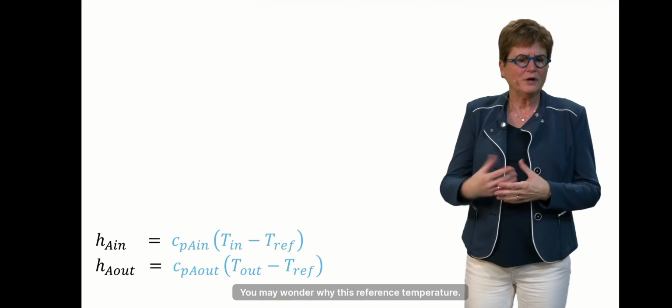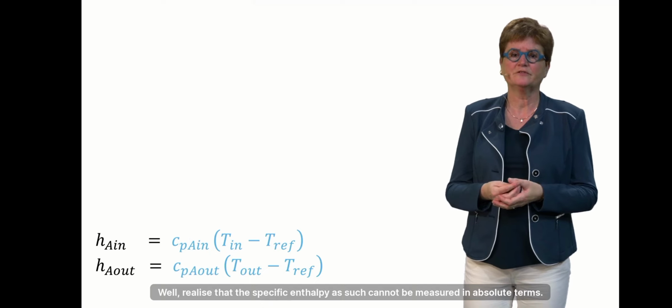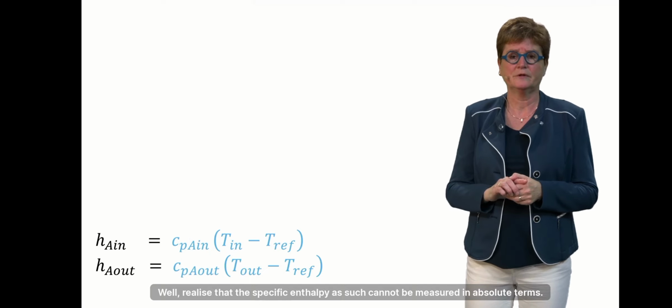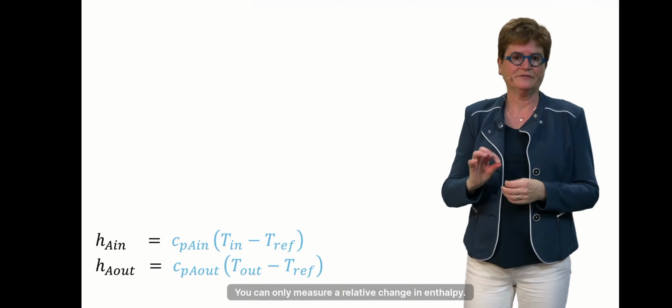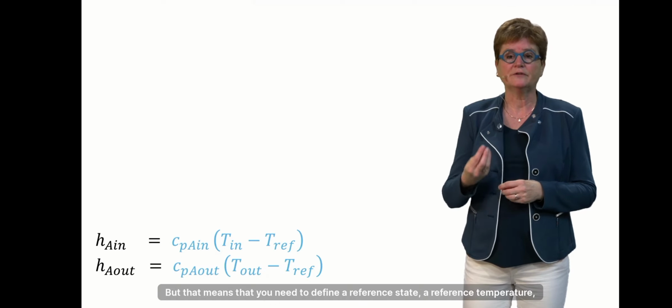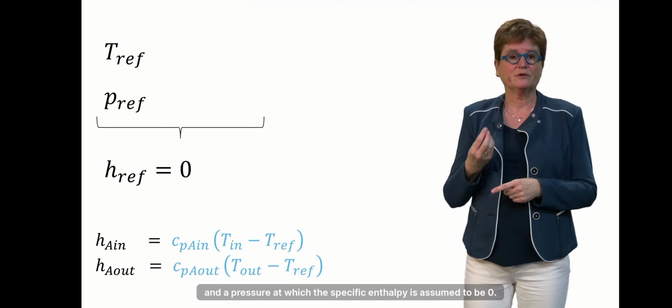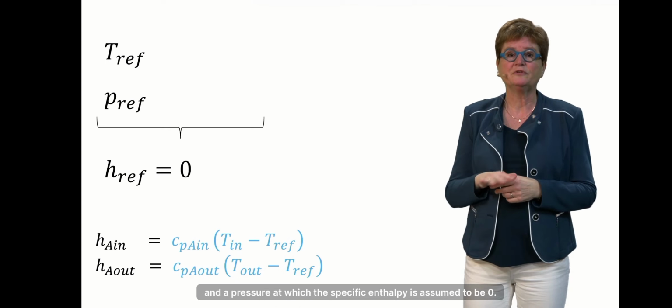You may wonder why this reference temperature. Well, realize that the specific enthalpy as such cannot be measured in absolute terms. You can only measure a relative change in enthalpy, but that means that you need to define a reference state, a reference temperature, and a pressure at which the specific enthalpy is assumed to be 0.